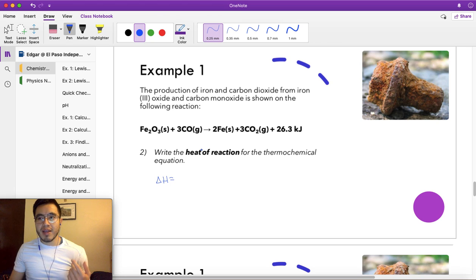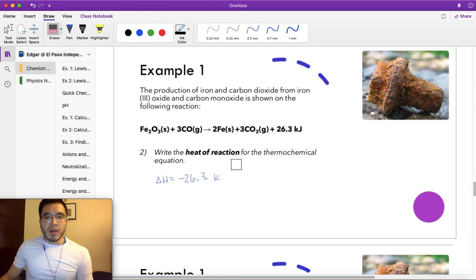We said that enthalpy change for endothermic was always positive, and enthalpy change or delta H for exothermic is always negative. This is an exothermic reaction, therefore we write negative 26.3 kilojoules. I'm still wondering why I do J's like that. There you go, that's better.